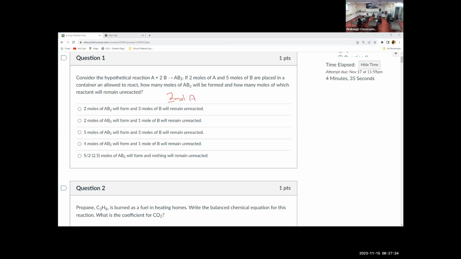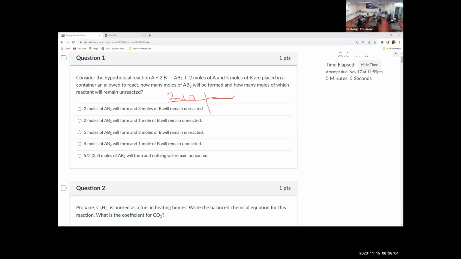Okay, so if we start off with 2 moles of A, now we know we're doing stoichiometry. We already have a balanced equation. So what is the relationship between A and AB2? Because we want to figure out how much AB2 we're making. Any guesses?